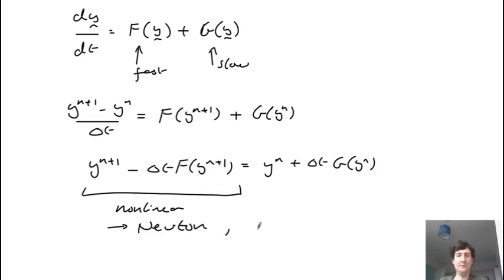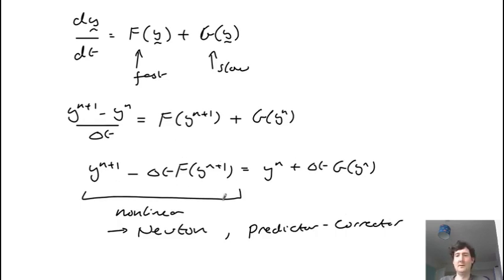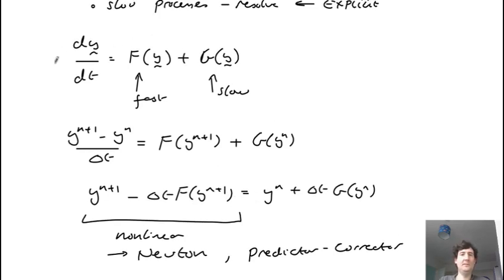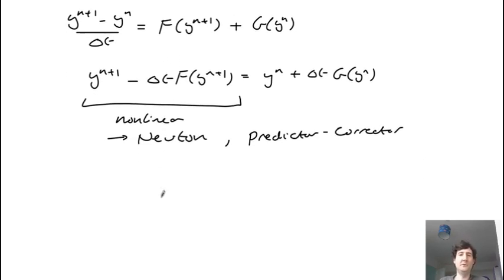So things like Newton predictor corrector, or things like even Picard iteration can be used in some cases for this. So this is a nonlinear problem, but it's one way of splitting up your system into fast and slow timescales, and then ideally putting very nonlinear terms in here to make this part easier to solve. And these can, in many cases, be a good compromise between implicit and explicit schemes.